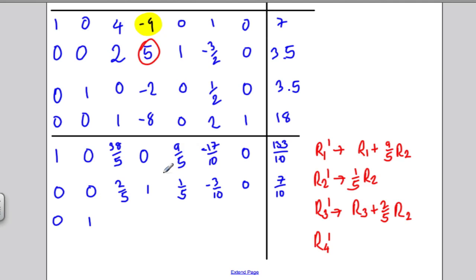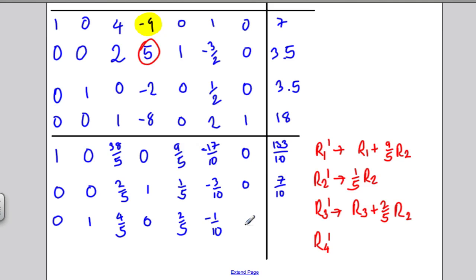0 add 2 fifths of that is 4 fifths. Minus 2 add 2 fifths of that is 0. 0 add 2 fifths of that is 2 fifths. A half add 2 fifths of minus 3 over 2, so a half plus 2 fifths of minus 3 over 2, and you get minus a tenth.